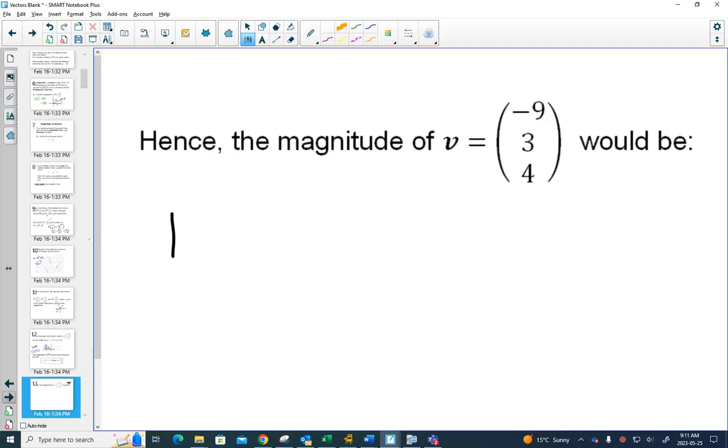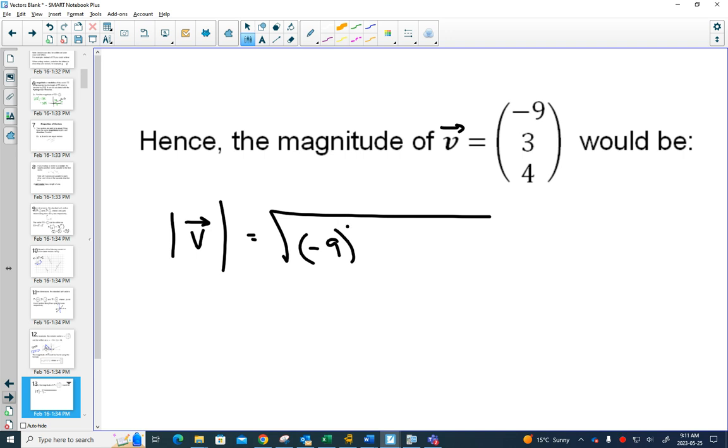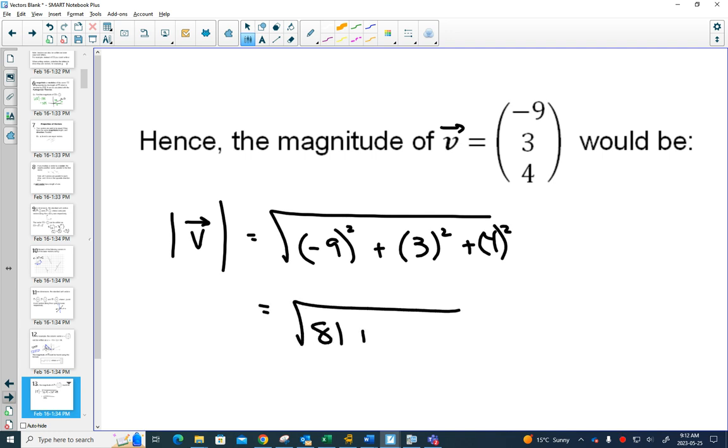So the magnitude of v, so we can show this notation-wise by putting absolute values with v, I'm going to add the arrowhead there, is just going to be the square root of negative 9 squared plus 3 squared plus 4 squared. 81 plus 9 plus 16.